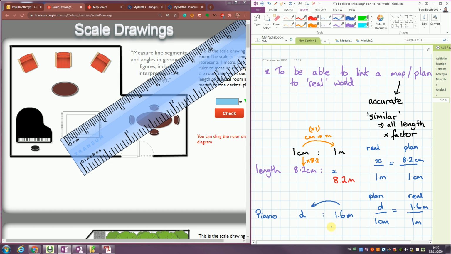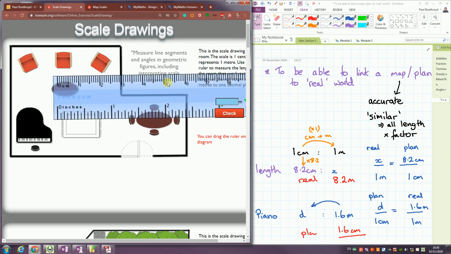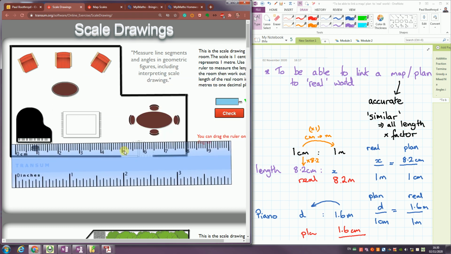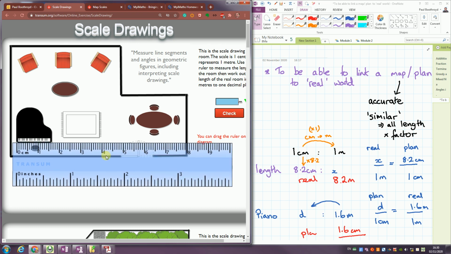Do all my multiplication across, and it should give me a distance of 1.6 centimetres on the plan. So real, and this is the plan distance. So let's just set that back down. Go 0.2, from 0 to 1.6 as measured.